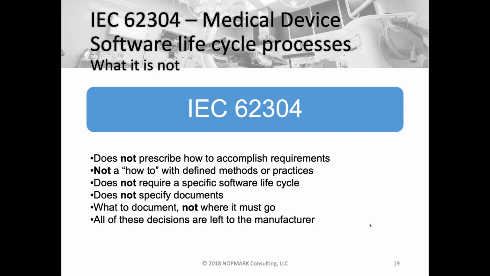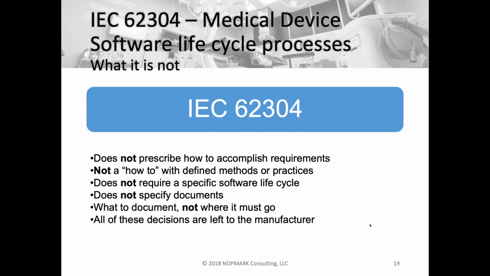A couple of things that are very important about this standard cause confusion sometimes. So we talk a little bit here about what are all the things that this standard is not. This standard is not telling you how to do your development. It will tell you, for example, you have to have a requirements document with a certain type of information, that you have to have a verification plan, etc. But it's not telling you how to do your unit tests, how to do your system software tests.